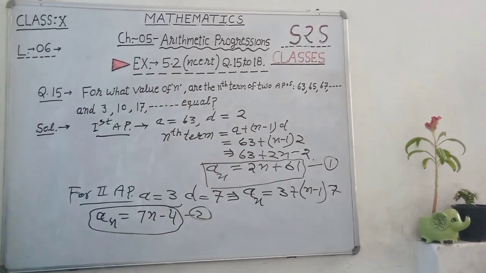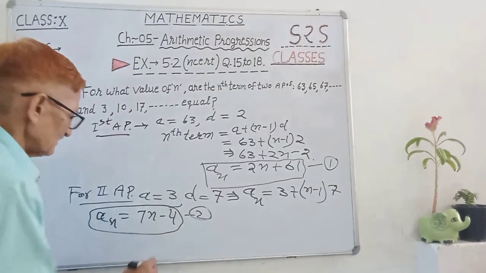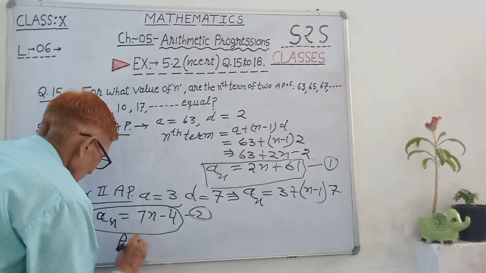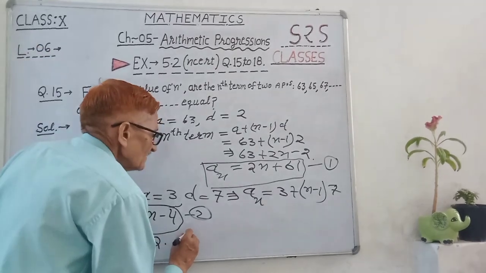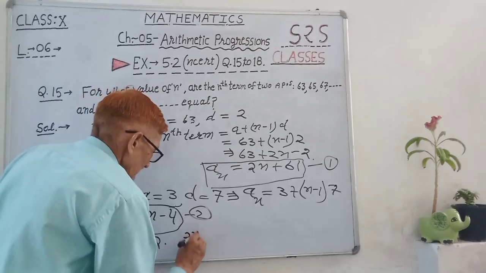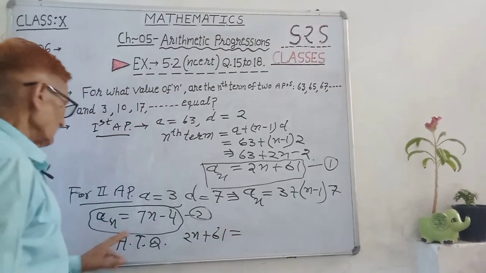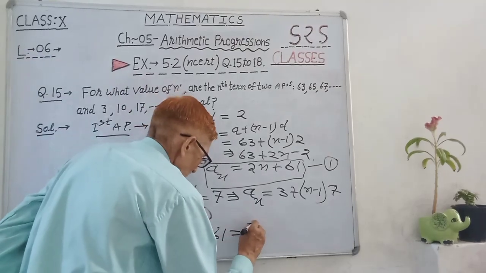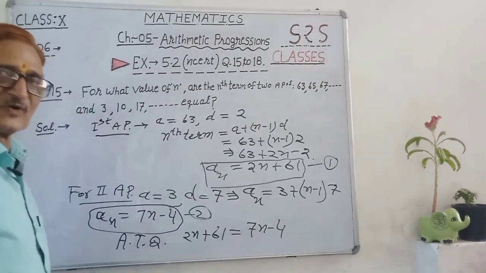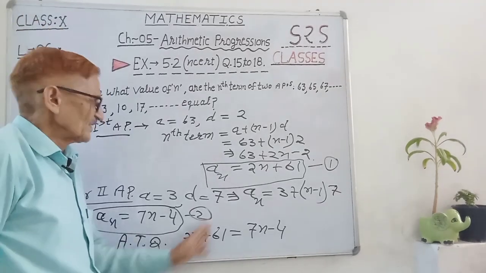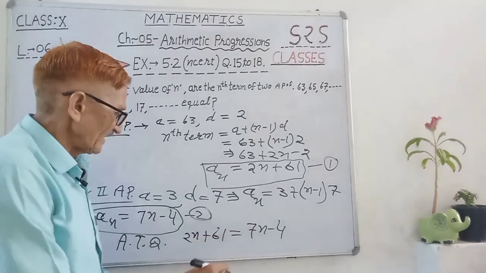Both are equal, saying for which value of n both are equal. So according to question, 2n plus 61 is equal to 7n minus 4. These are the nth terms of both the APs, saying both are equal for which value of n. So put both equal and find n.